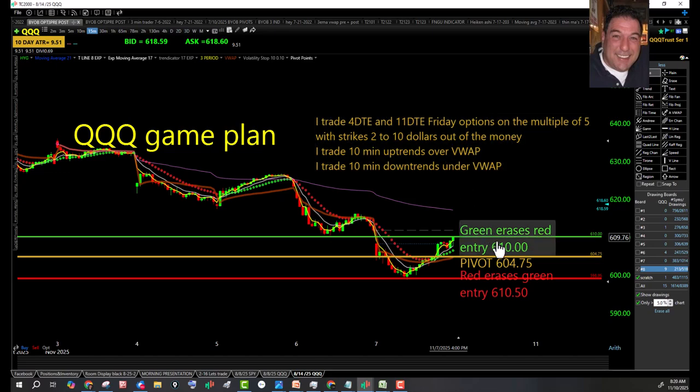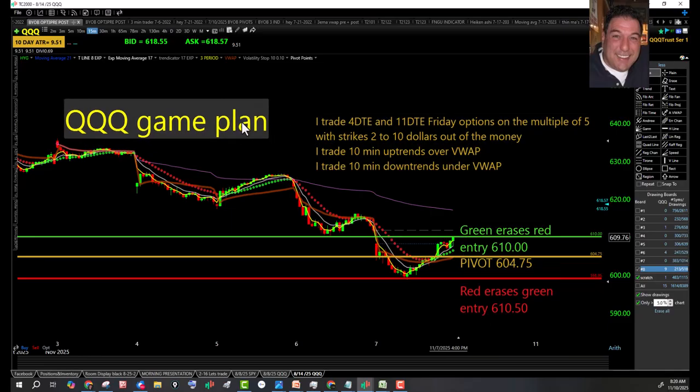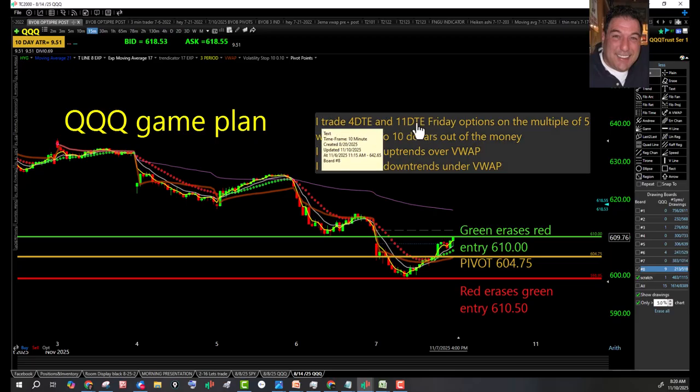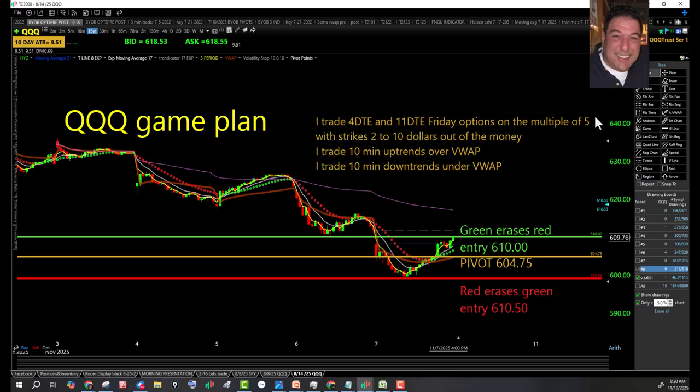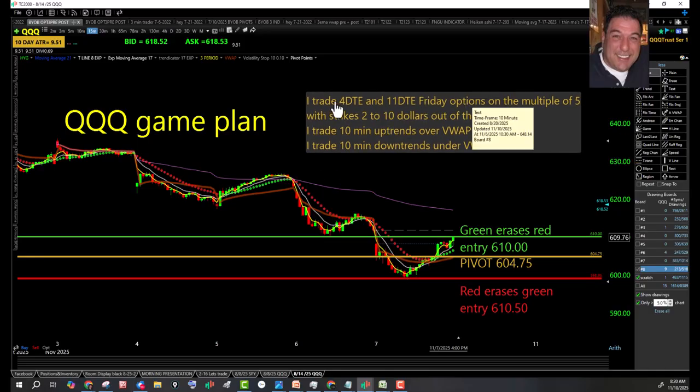Green erases red over 610, pivot 604.75, red erases green underneath 610.50. Again, same options. I trade 4 days and 11 days till expiration options on the multiple of 5 for the open interest, specifically for the open interest, not the delta, not the gamma, and the liquidity, okay? I trade strikes $2 to $15 out of the money.